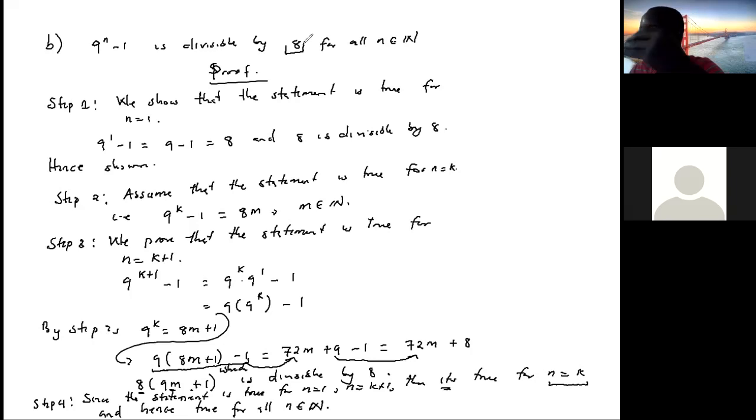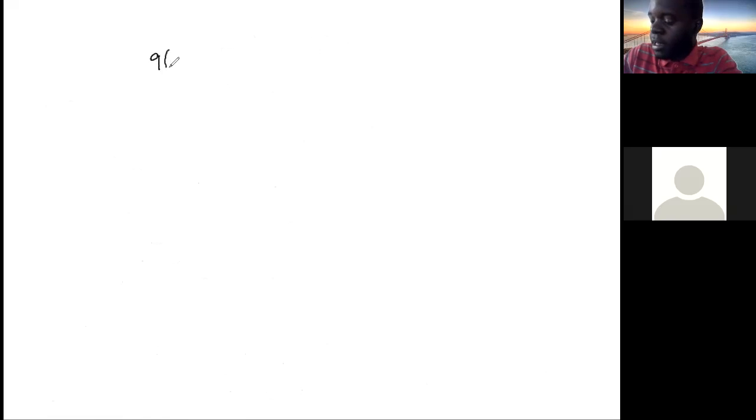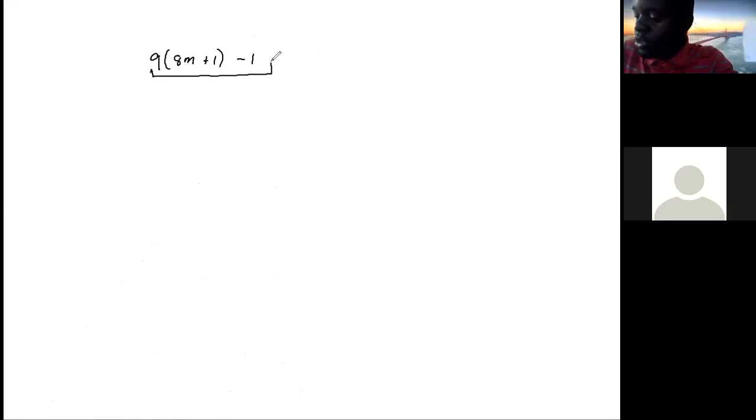Is it divisible by 8? What we got is 9(8m plus 1) minus 1. We want to make sure this is divisible by 8. So you multiply 9 by 8, you get 72m. 9 by 1, you get 9.